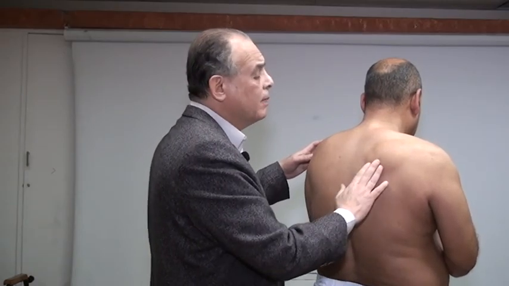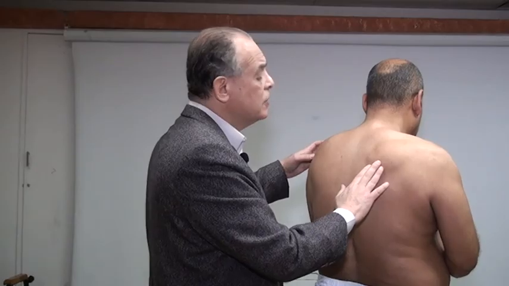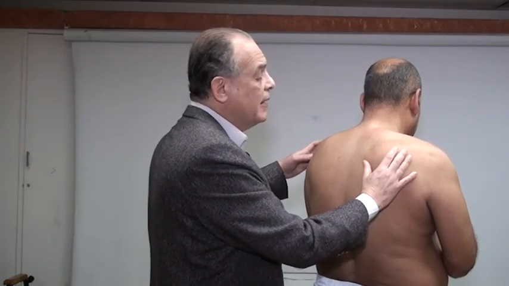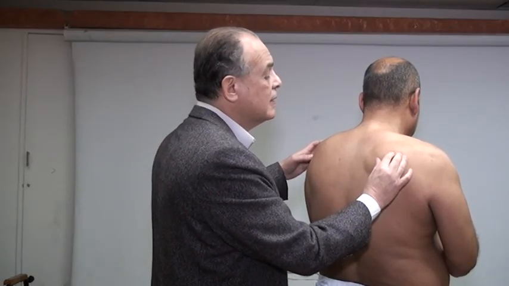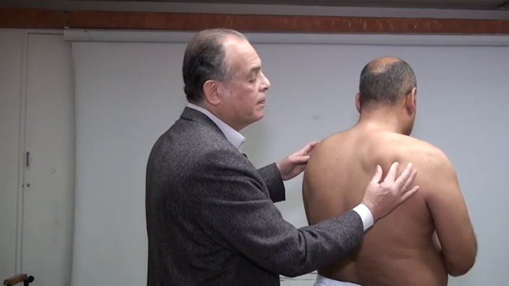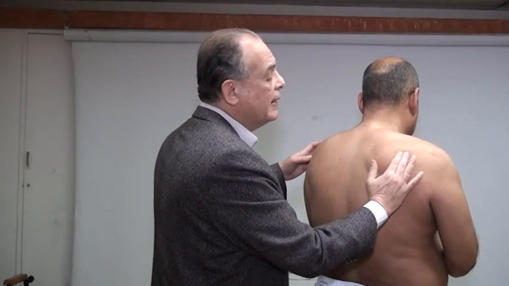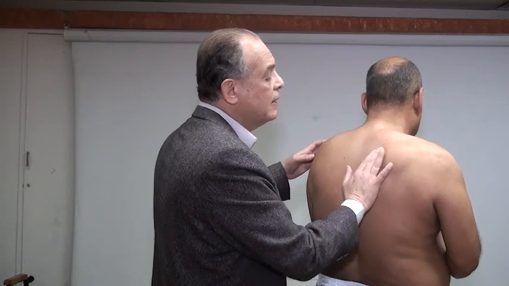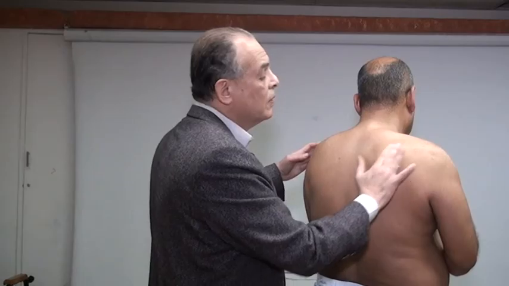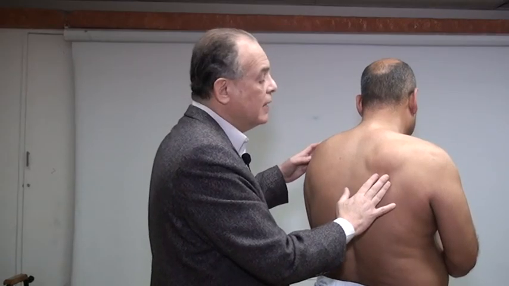Now, I am going to proceed with the mobility of this swelling and the mobility of the skin over the swelling. So if this skin can be pinched like that, or I can glide the skin over the swelling, then it is not attached to the skin.